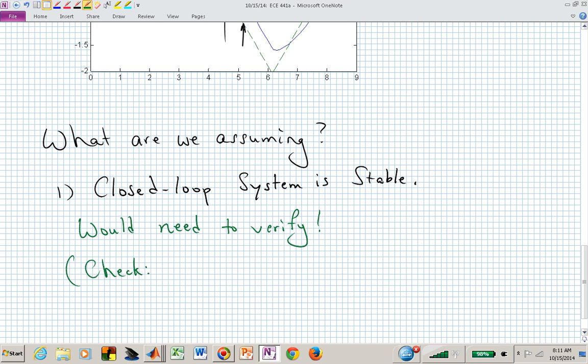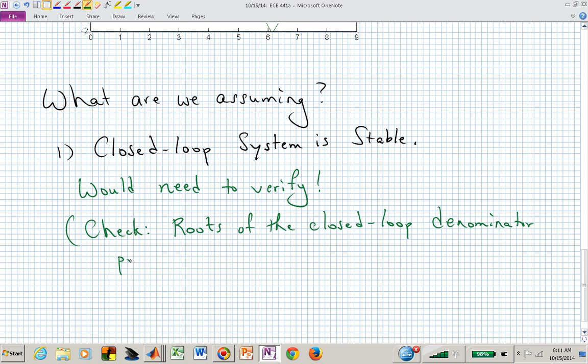So we would need to check the roots of the closed loop denominator polynomial. That's the first assumption. We need a stable system in order to even think about a steady state error. If our system is not stable, our error is going unbounded, and we don't even have a steady state error to talk about.